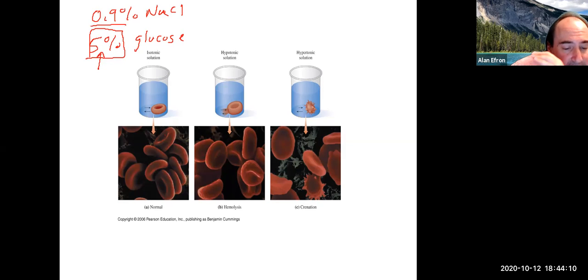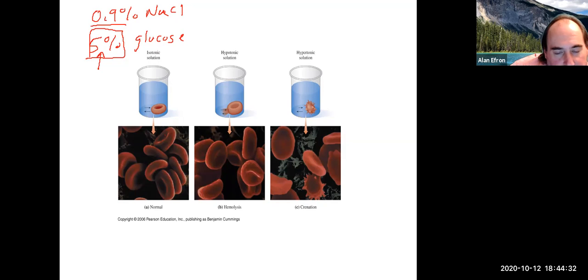You want to use that as your isotonic reference, and then see whether it's higher or lower than that number to decide what type of solution you would have. In the case of isotonic here, you're welcome. We have our red blood cell. It kind of looks like a happy donut, water going in and out.